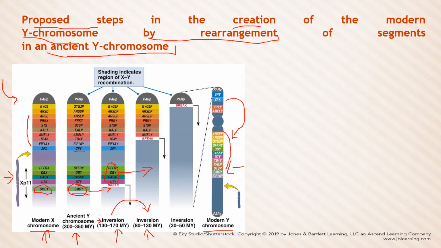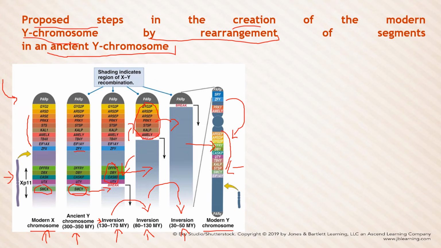Then if you move to the most recent inversion event, not only that region that we talked about in the past, but also this region moved here, and it was inverted. Look, all these regions that we were talking about moved to the other chromosome during evolution, and they are in a different order.